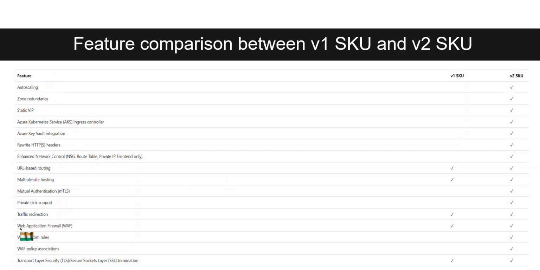The web application firewall is also available in basic version 1 and version 2 both. But I guess the new feature is we have custom rules. So there are a lot of features you can compare and see here. I'll not be going through each and every feature of this. Maybe in my coming videos I will go deep into the application gateway, and more about it, and other load balancers also.